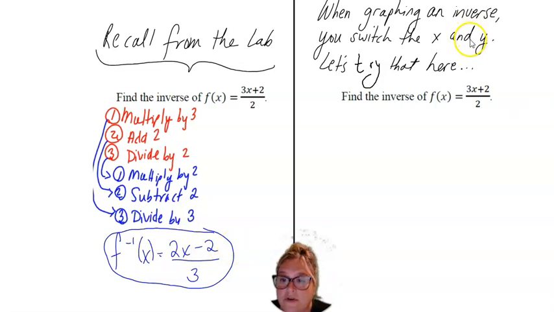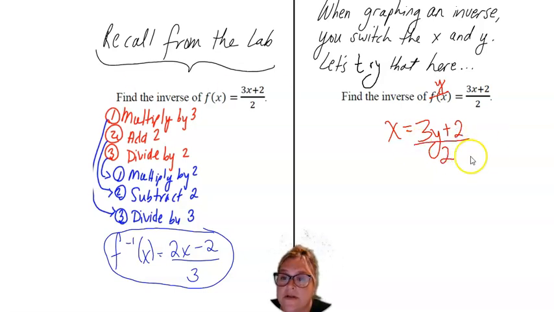The equation for the inverse, rather than having to graph it and switch the x and y, is to replace the f of x with a y and then switch your x and y algebraically in the equation. So x is equal to the quantity 3y plus 2, all divided by 2. Next, we're going to solve this equation for y.